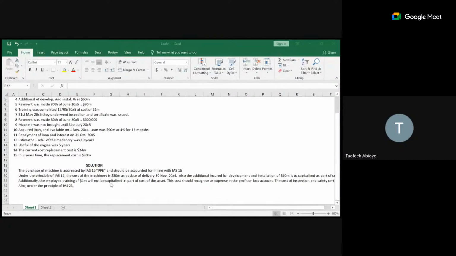This is just the summary I composed for you. In line with IAS 23, the standard says that the qualifying period, that substantial period, depends on the accounting policy of an organization. And that's what you want to say now, right?